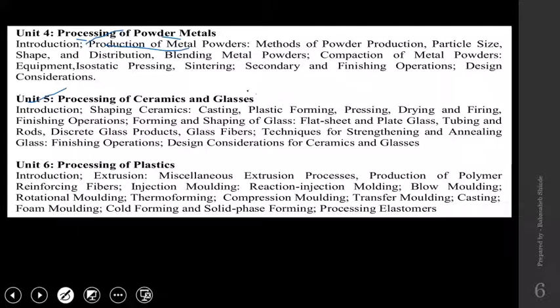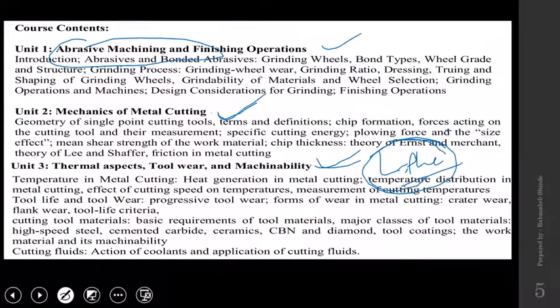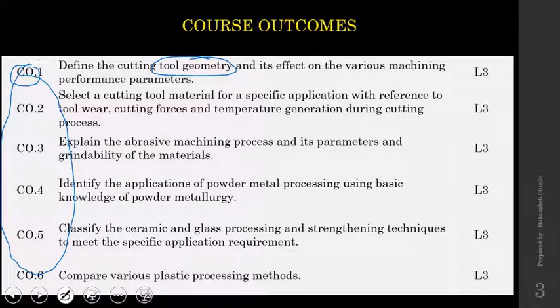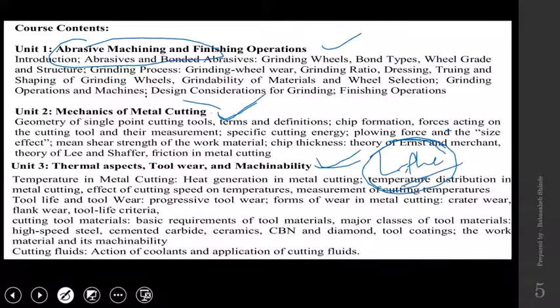Then unit number 5 is going to deal with processing of ceramics and glasses. And the last one is processing of plastics. So the first CO, define the cutting tool geometry and its effects on the various machining performance parameters, is going to deal with unit number 2.